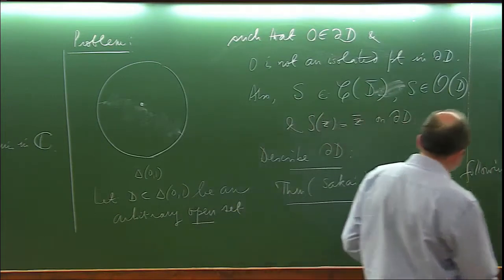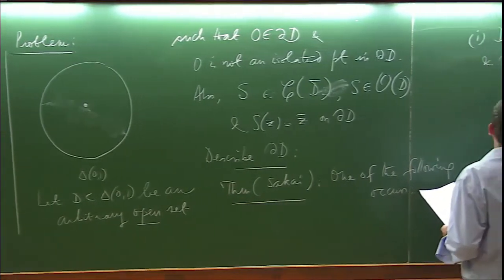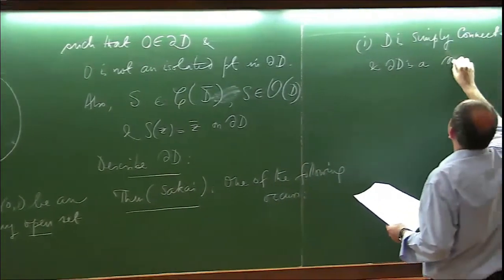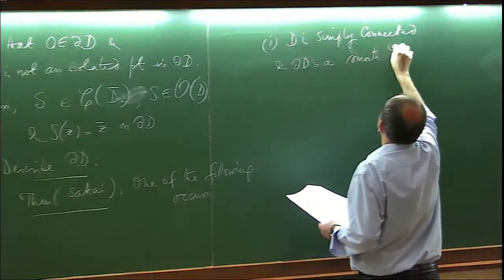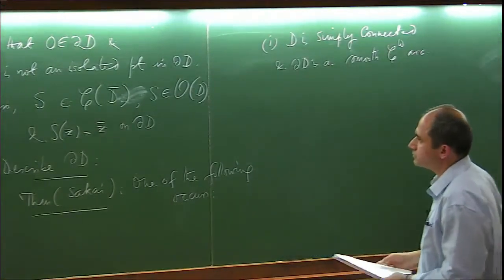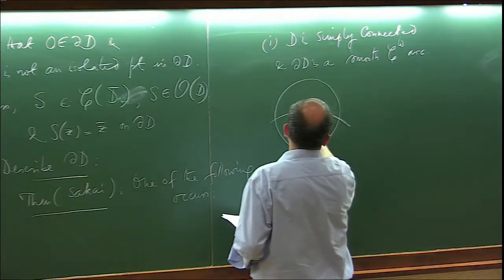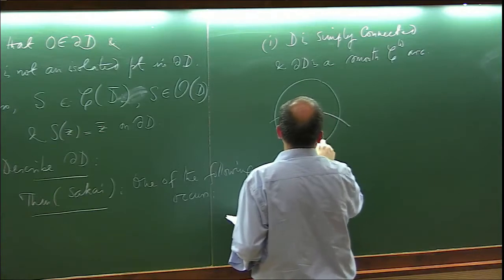Number one, D is simply connected and the boundary is a smooth real analytic arc. This is what D is.